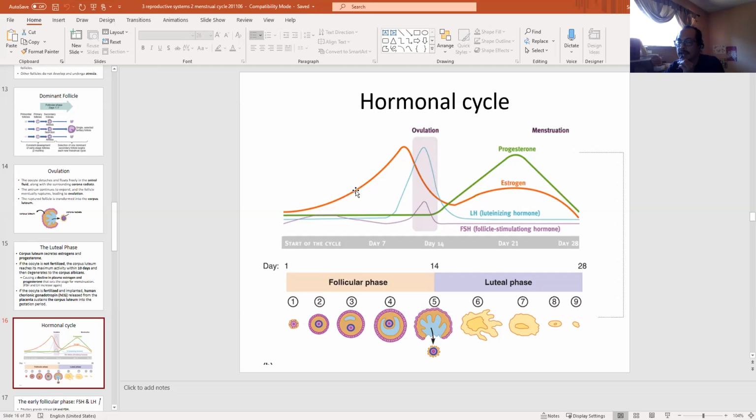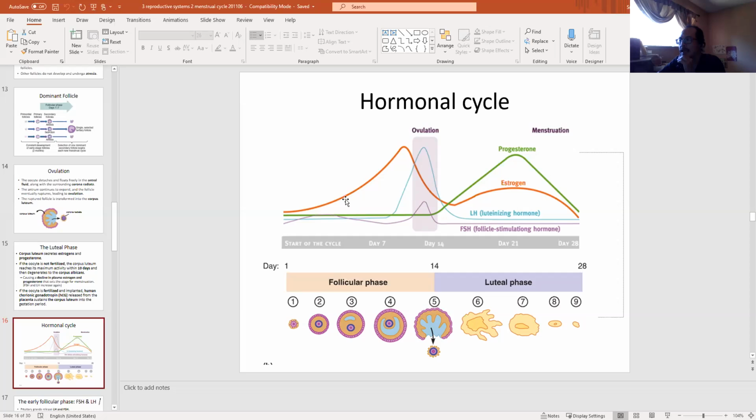While it increases, it will provide a negative feedback to the pituitary gland. So the FSH will be inhibited, will be suppressed, will decrease. So this increase will cause the FSH to decrease. And this decrease will make only the major follicle survive, while thousands of other follicles become degenerated.